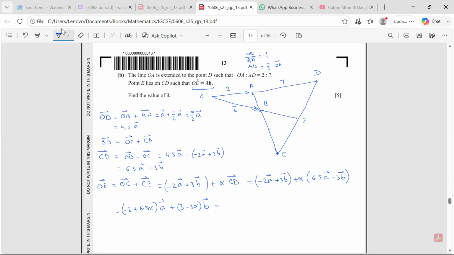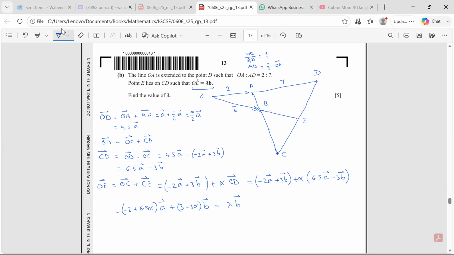OE was given as lambda times B. It's obvious that OE is some fraction of OB, right?